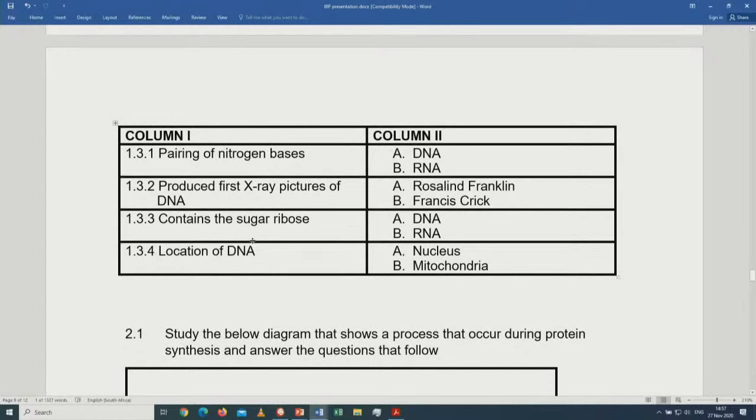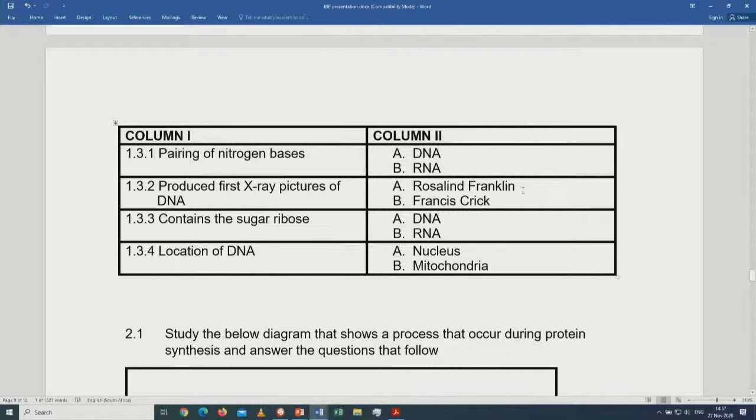And now the item matching. We know that in this type of questions, you give your answer as A only or B only, both A and B, or none. Now the statement is the pairing of nitrogen bases. Pairing of nitrogen bases occurs in DNA, A only. And then produce first X-ray pictures of DNA.